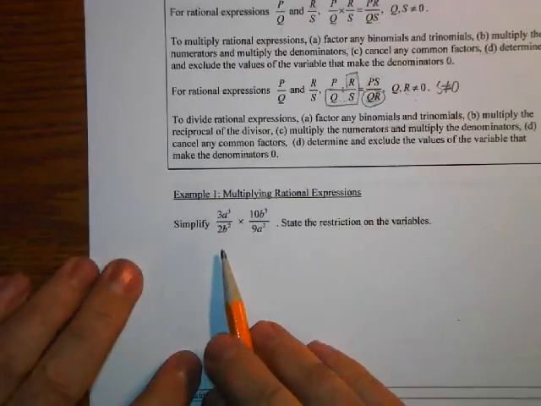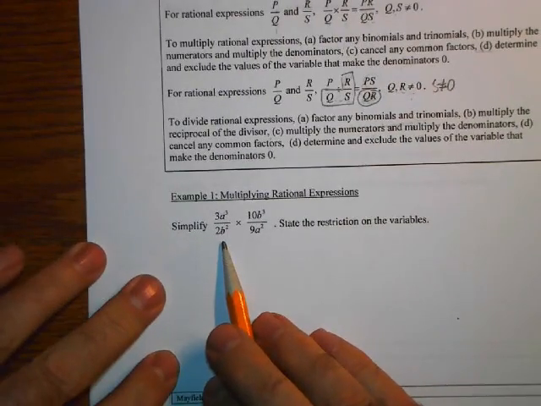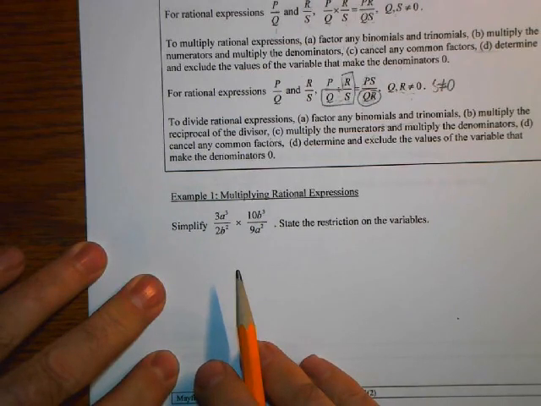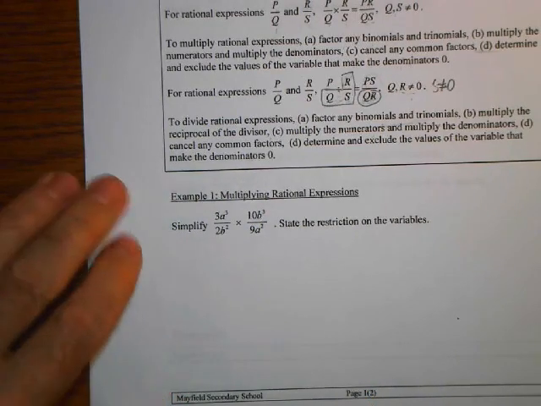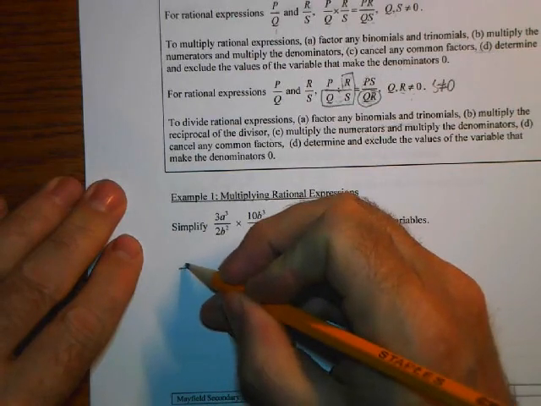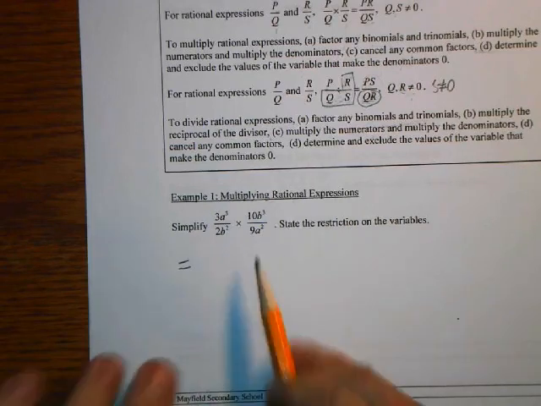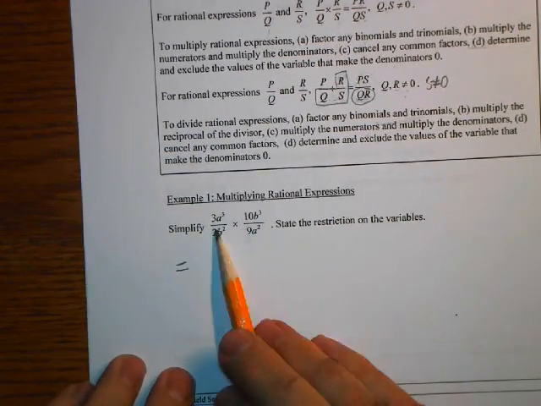So our first question, simplify 3a cubed over 2b squared times 10b cubed over 9a squared. Okay, so now here's the important thing about multiplying. Just like when we multiply rational expressions, it's the same as multiplying rational numbers. You do not have to have a common denominator when you're doing this.